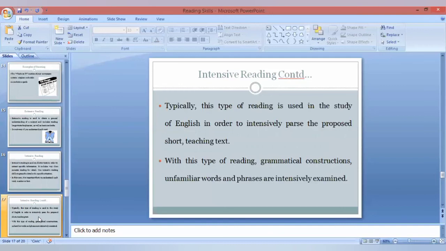So it requires intensive effort to split an English sentence or paragraph into different parts of speech. With this type of reading, grammatical constructions, unfamiliar words and phrases are deeply and carefully examined and analyzed.